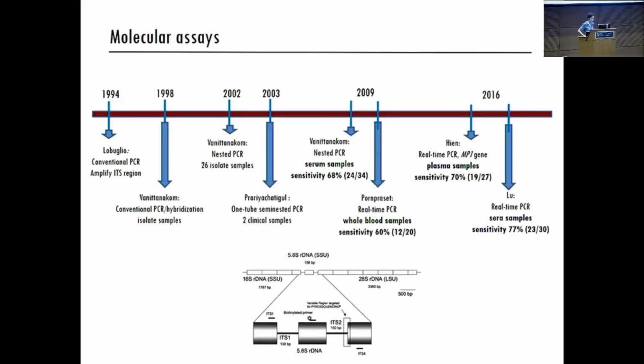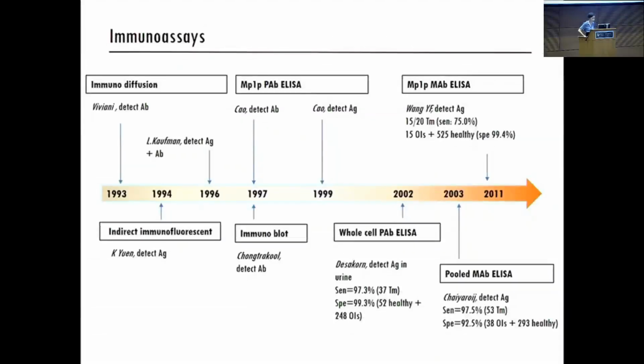Also, the fungus has a very thick wall and it's very difficult to break the cell wall to get the DNA to release. So our sensitivity is up to 70% at max, and that's not as good. Well, that comes close to cultures. But it's rapid, definitely not a 14-day thing, so it still has a place in terms of rapid diagnosis. But none of these tests has been standardized.